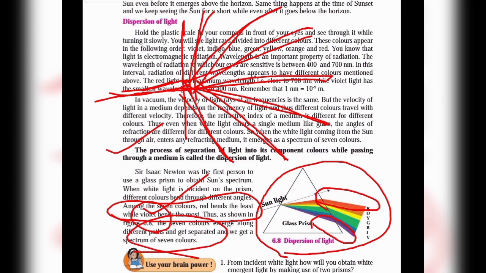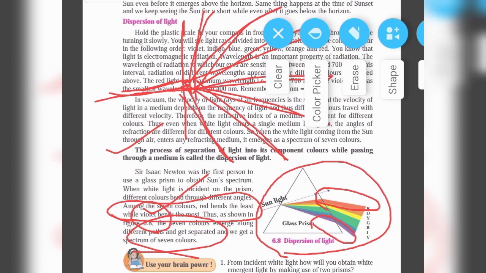That means, what is meant by dispersion of light? In case of dispersion of light, it is the process of separation of light into its component colors while passing through a medium. Remember that this definition is very important.